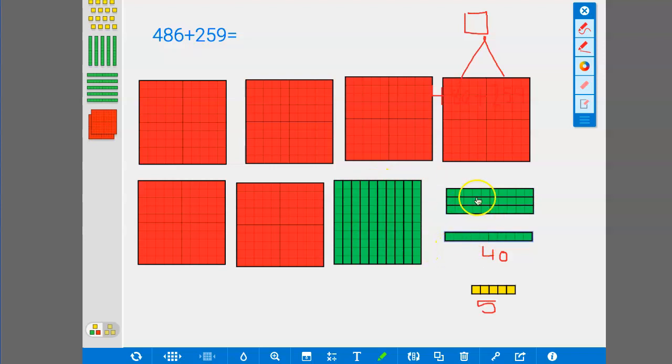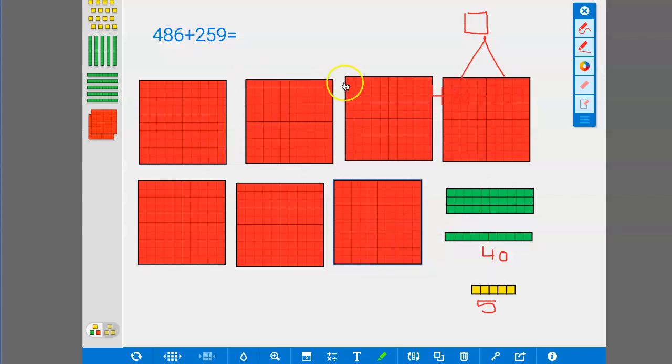This is 14 groups of 10. Inside 14 groups of 10, we have 10 tens, which makes one group of 100. 10 tens makes 100. So now let's count out our hundreds now that everything's been regrouped.